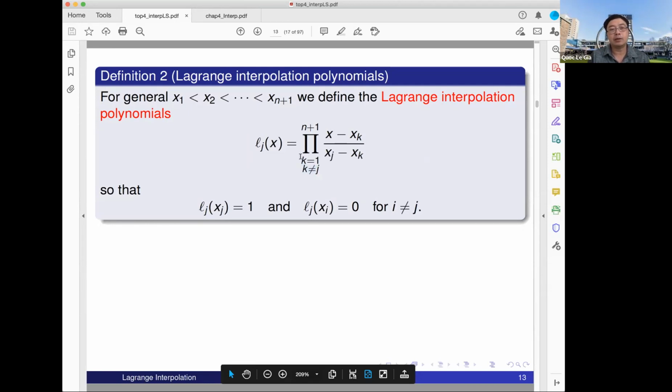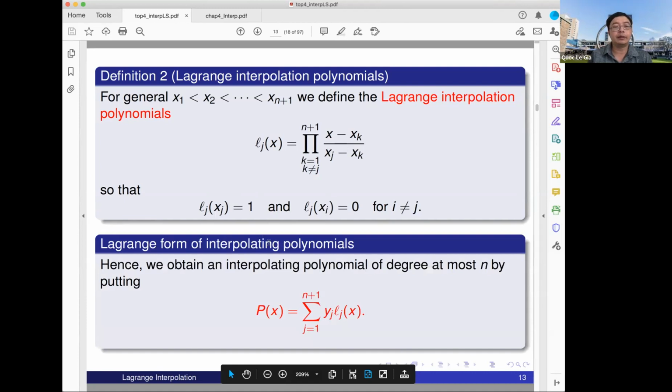This notation stands for the product of all the terms x minus xk, and then you can verify that Lj(xj) equals 1. And if i is different from j, then Lj(xi) just equals 0. You saw that in the concrete example already. So this one is just a general form.